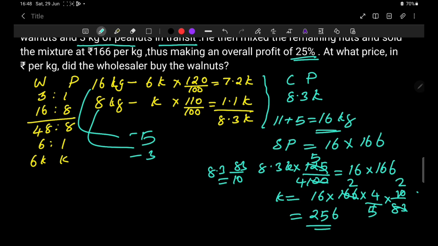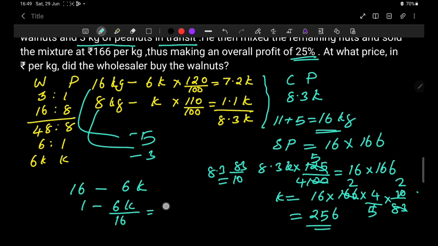So, what we want to calculate, at what price in rupees per kg did the wholesaler buy the walnut? We have to calculate the 1 kilogram walnut cost price. We know that 16 kilogram walnut cost price is 6k. Therefore, 1 kilogram of walnut price is 6k divided by 16.